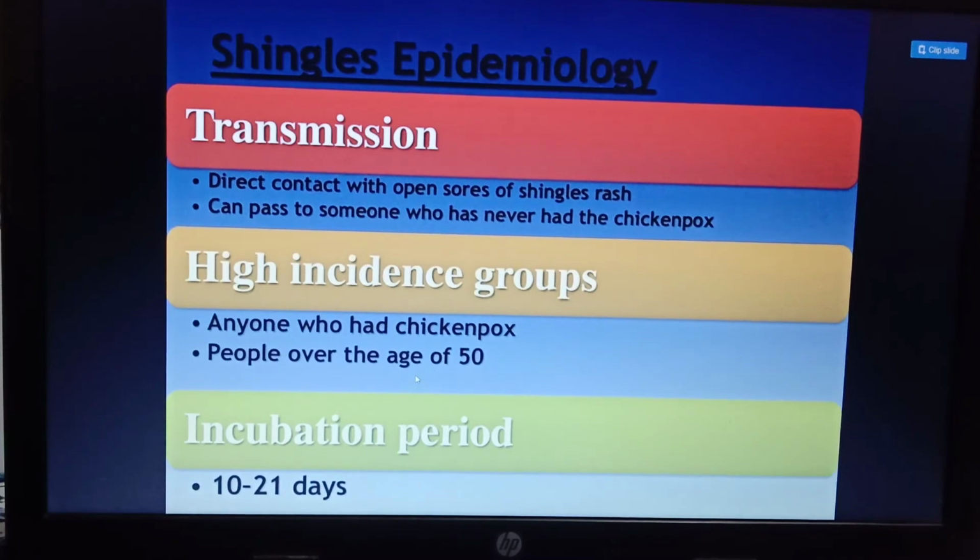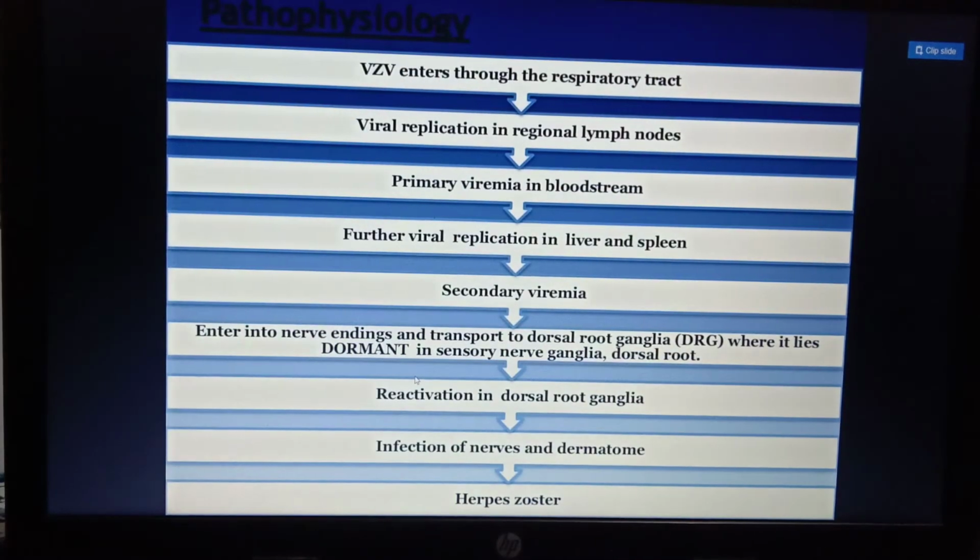That is the epidemiology of chickenpox, or varicella and shingles. Now we will step on to the pathophysiology. How is it transmitted? Through direct contact, it enters through our respiratory tract.